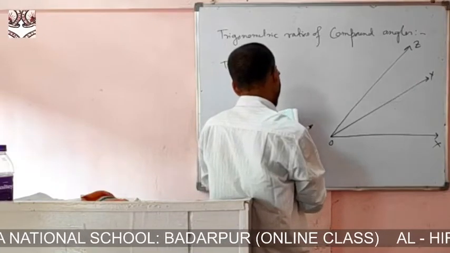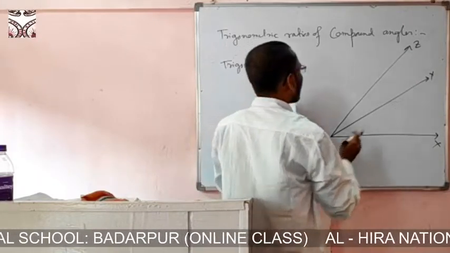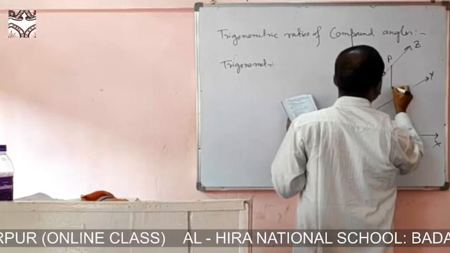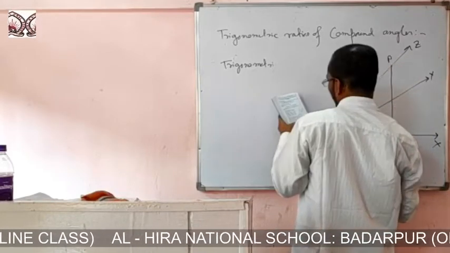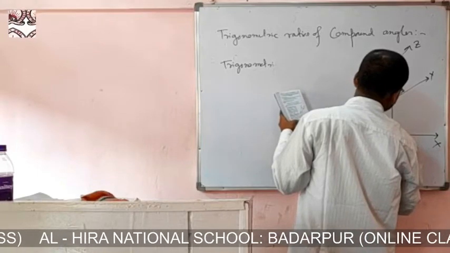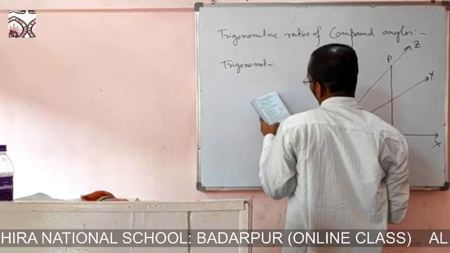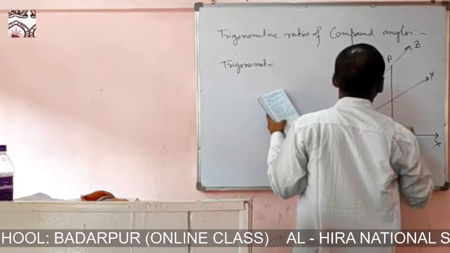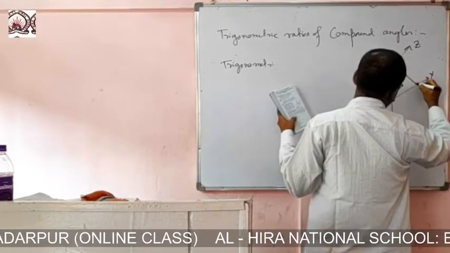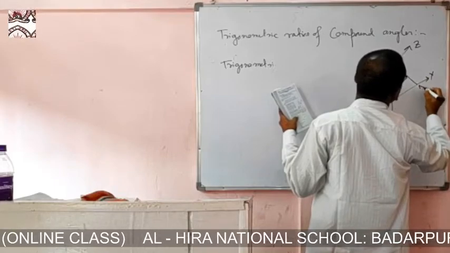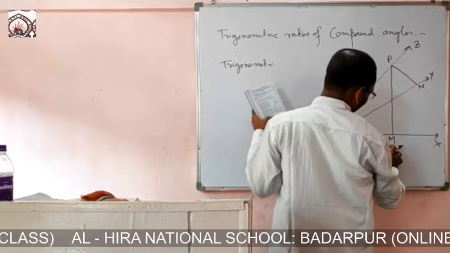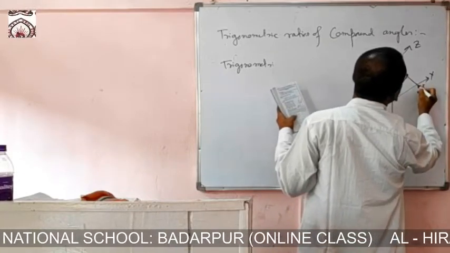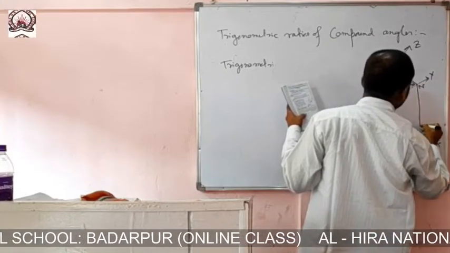From OZ we take a point P. From P we draw a perpendicular to OX, that is PN, and from P we draw another perpendicular.